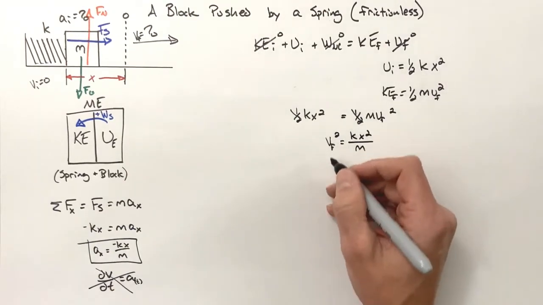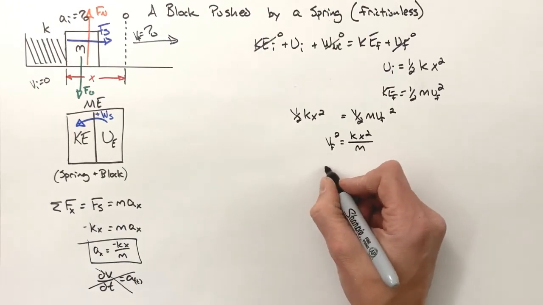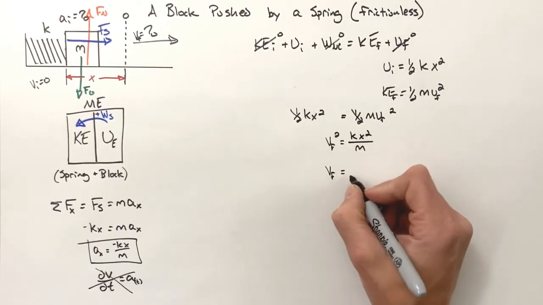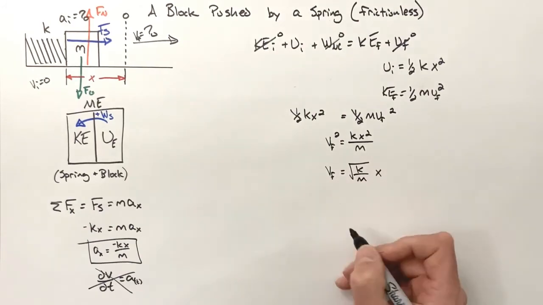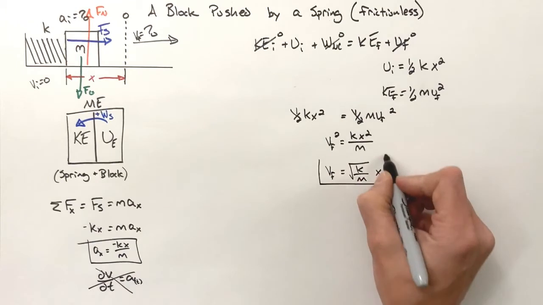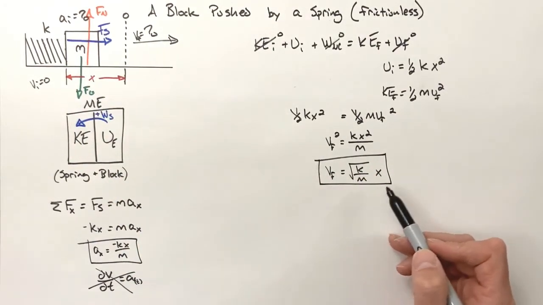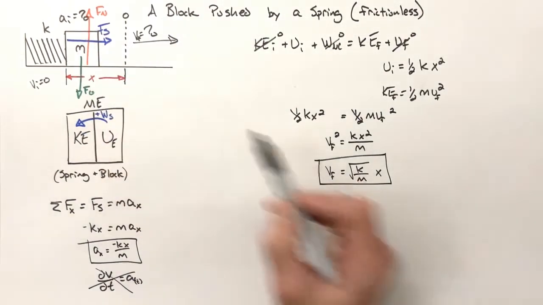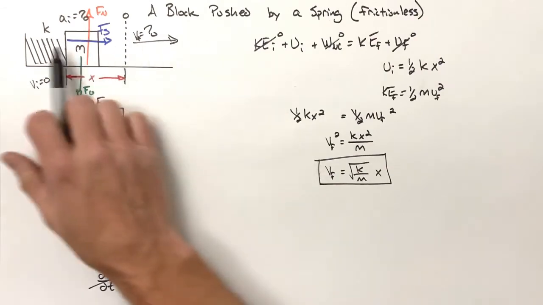I'm going to go a little bit farther with this, just to foretell what is coming in the future. v_f is the square root of k over m times x. And this is the final velocity of this block. And this is going to be really, really important, not only in this problem, but when we get to something called simple harmonic motion for a block oscillating on a spring.